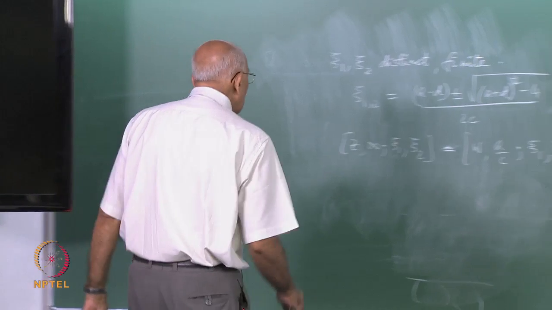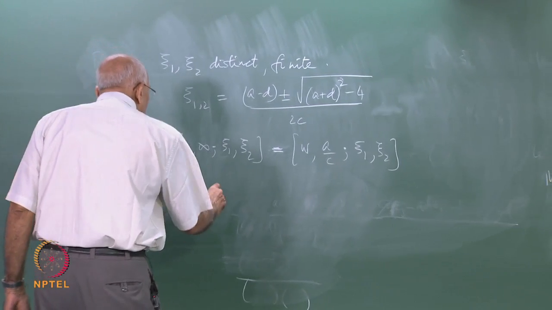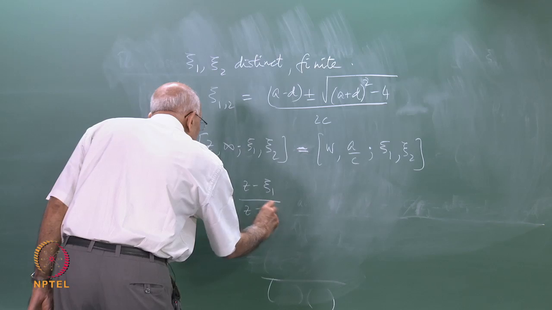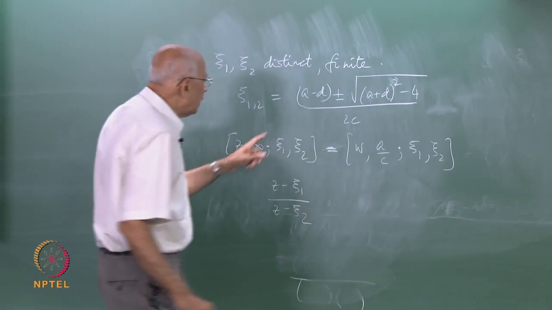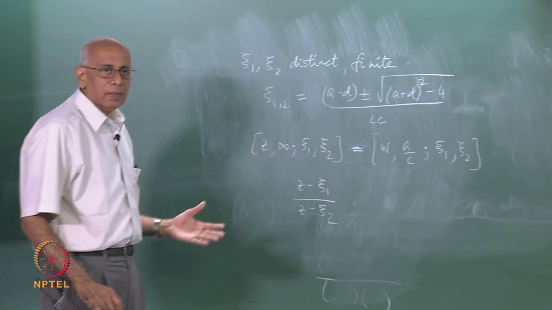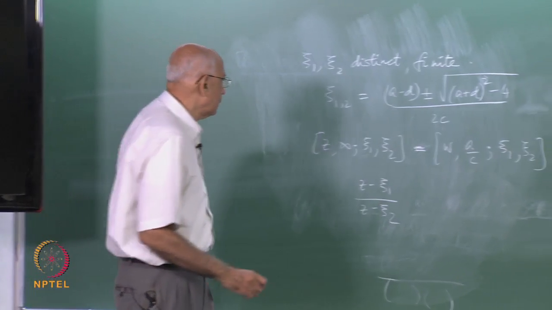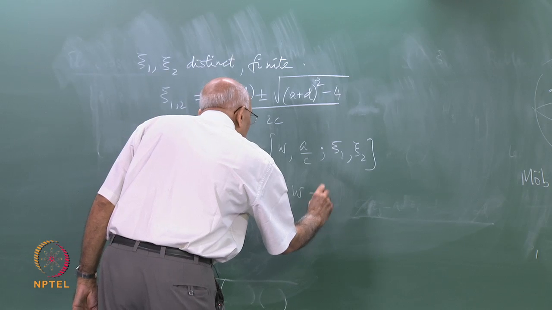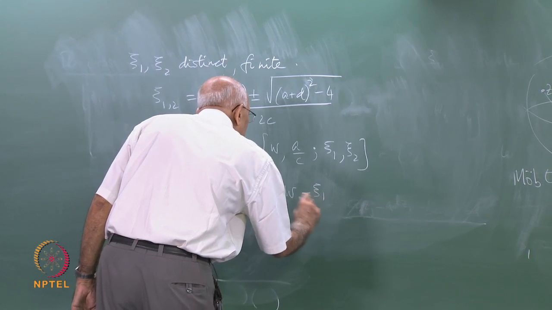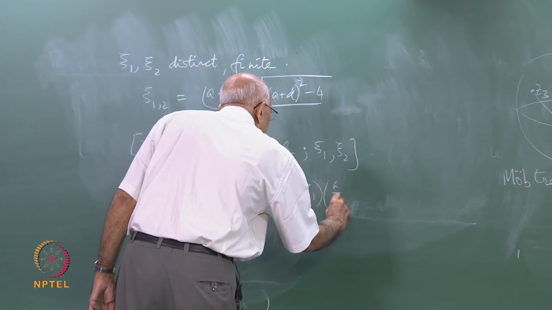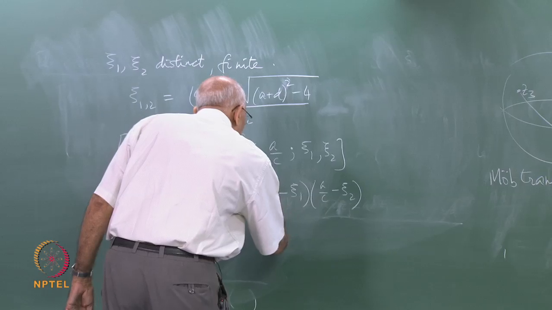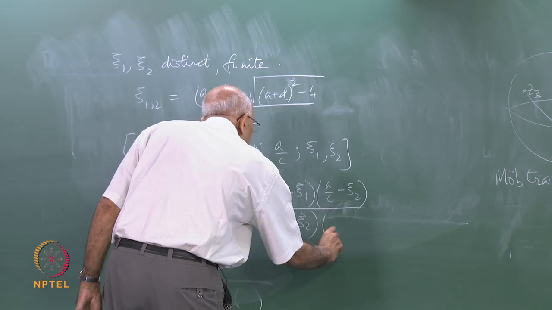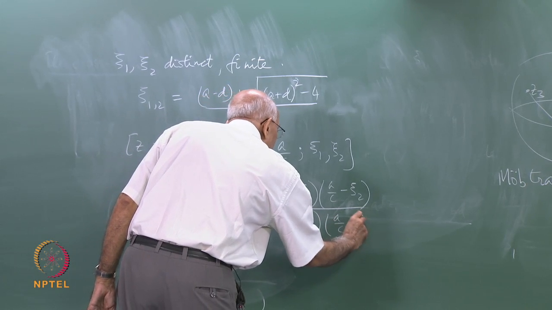So this must be true, which immediately tells me that (Z minus Xi1) divided by (Z minus Xi2), then infinity minus Xi2, this part cancels out, is equal to (W minus Xi1) times (A over C minus Xi2) divided by (W minus Xi2) times (A over C minus Xi1).